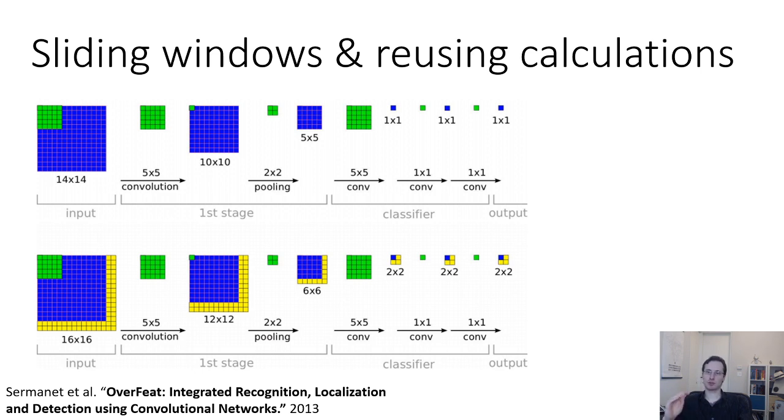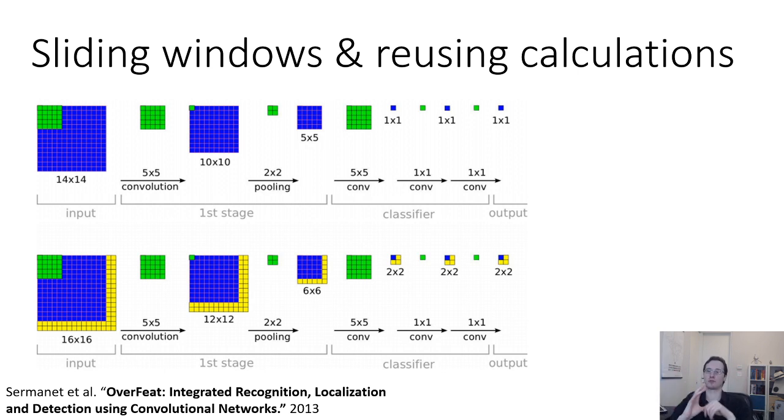All right, so that's basically what the OverFeat paper does, except in their case, the input to each position is much larger. What they're illustrating here is how if you have a 14 by 14 input to your convnet, and that outputs one class, you can turn that into a convnet that takes in a 16 by 16 input, and then outputs a 2 by 2 output for the probability of the class in the top left, top right, bottom left, bottom right.